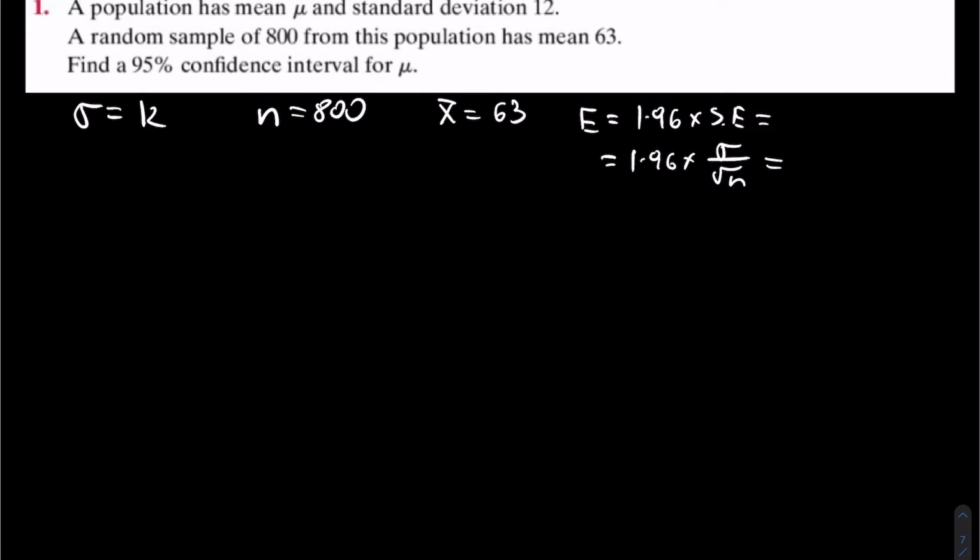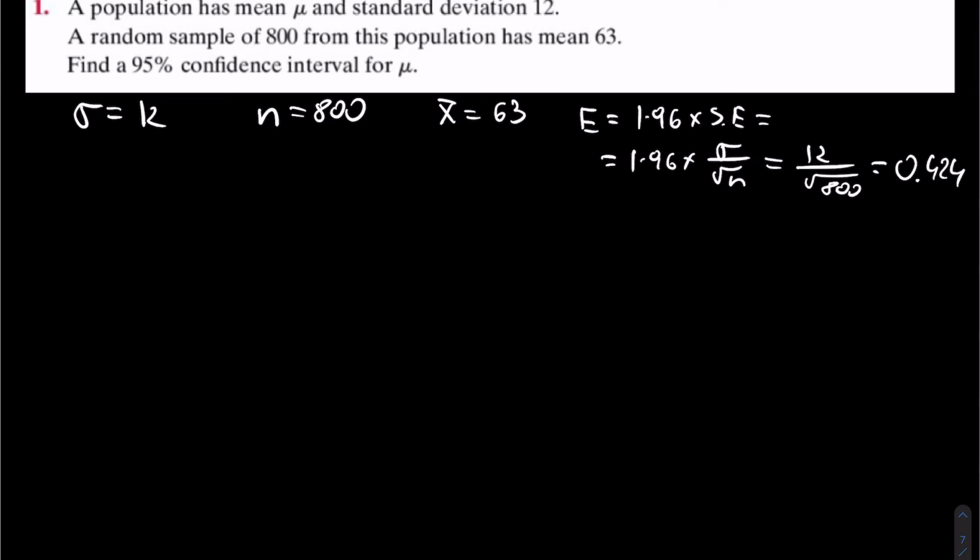And for our sample, this turns out to be 1.96 times 12 divided by root of 800, which turns out to be 0.424. Okay, so that's my margin of error.